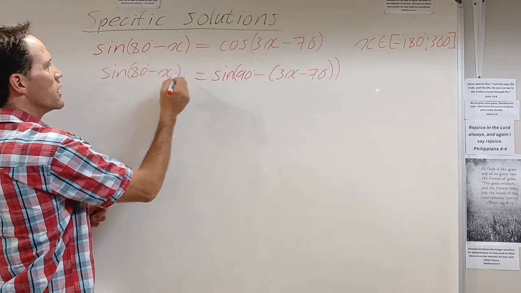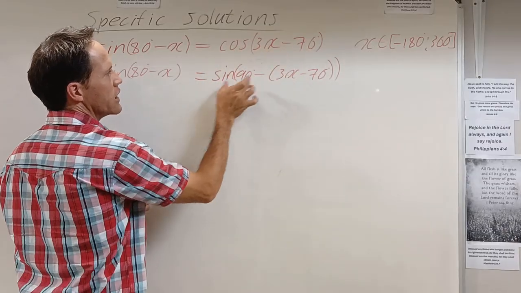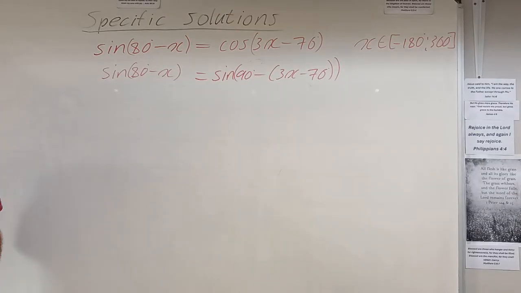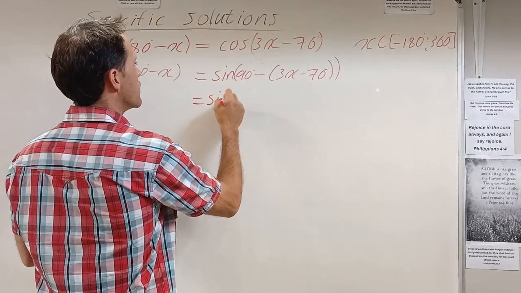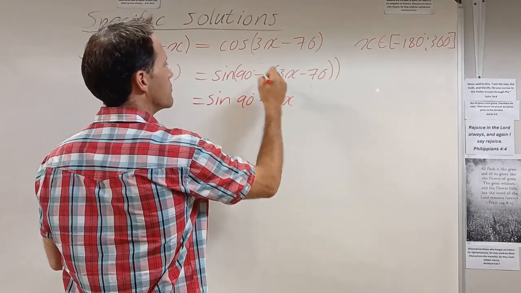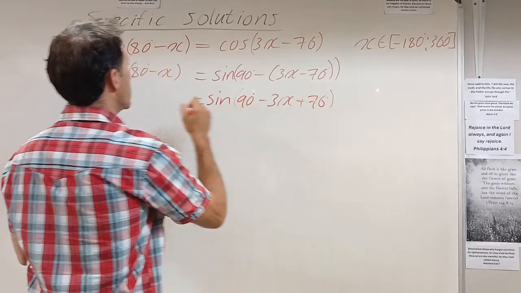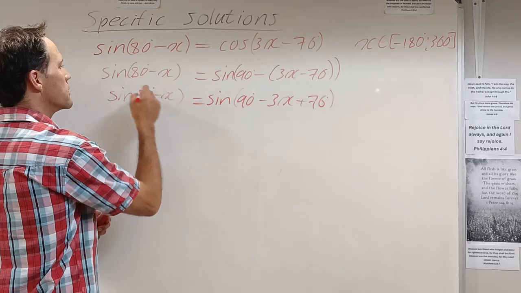So we leave this one, but this one we change the cos of this angle to sine 90 minus that angle. Co-ratios. Now we can multiply it in, so it's sine 90 minus 3x, and a minus and a minus gives you plus 76. And this side stays like this, sine 80 minus x.